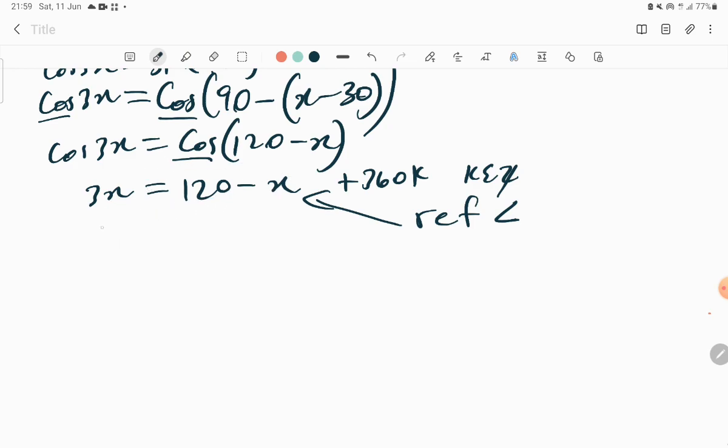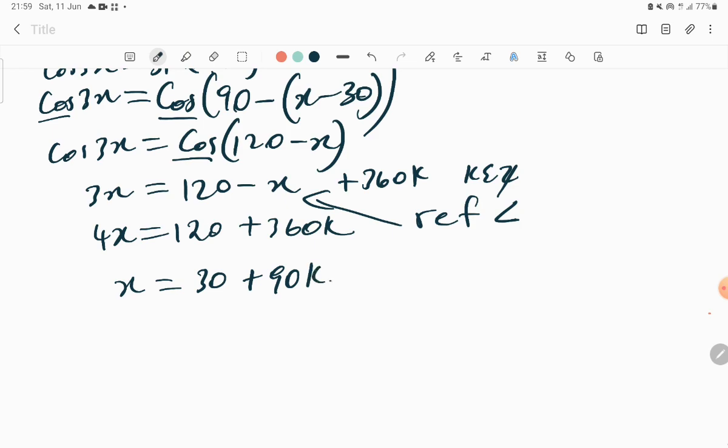Then we're going to have 4x is equal to 120 plus 360k. Then therefore we have x being equal to, what is 120 divided by 4? 120 divided by 4 is just 30. Then plus that 360 has to be divided by 4, so we're going to have 90k. So this is our first general solution.